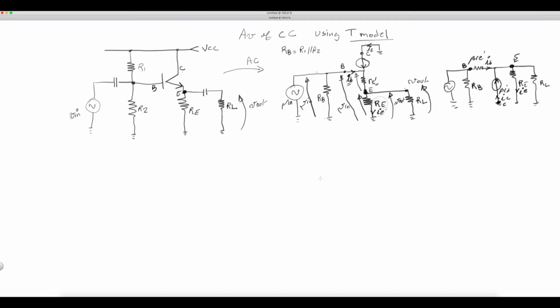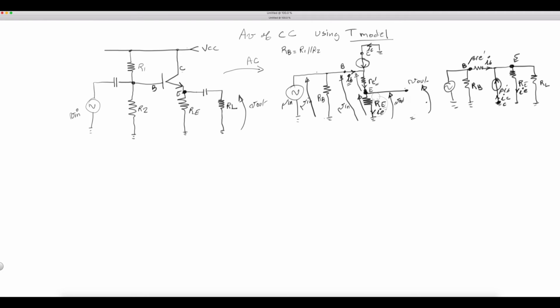Okay? So those are things we need to worry about when we're solving for AV. Let's go ahead and look at the current. Going through here, let's assume that IE here is the same if, let's say, we have an open circuit.